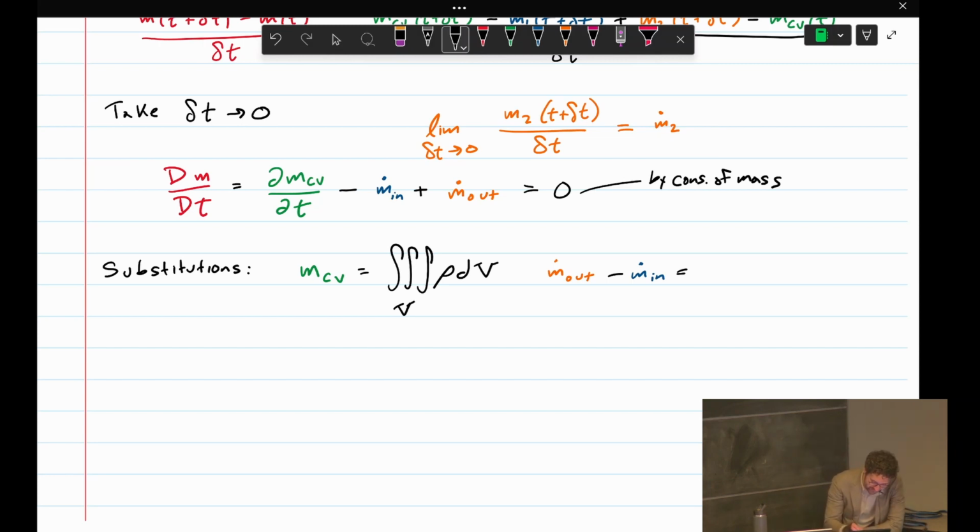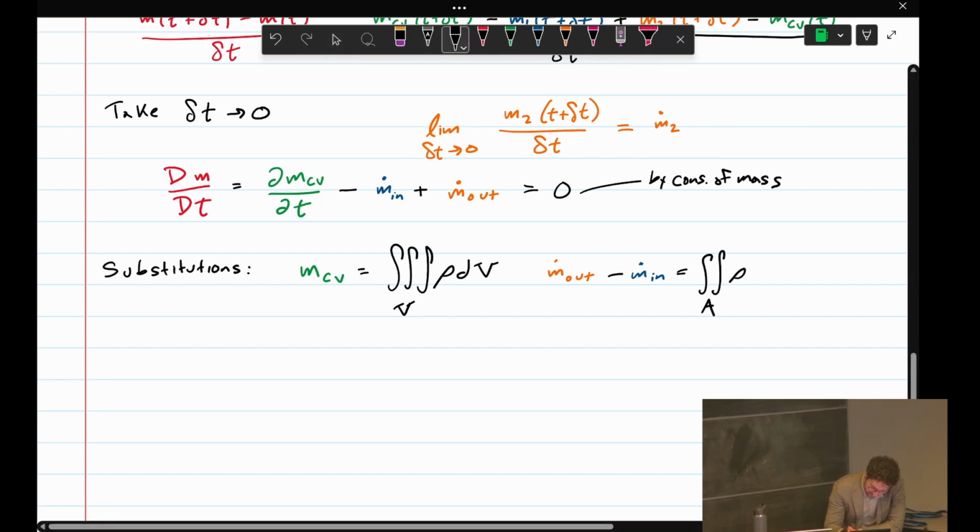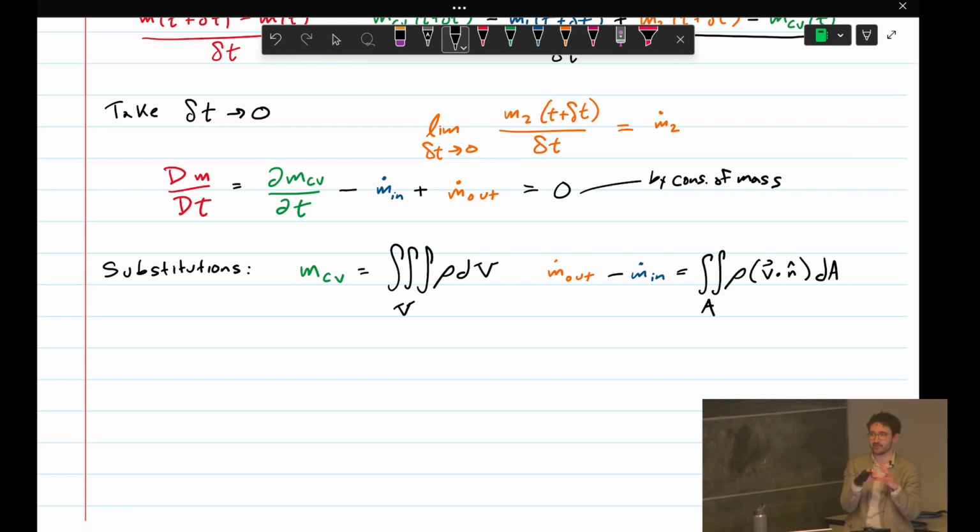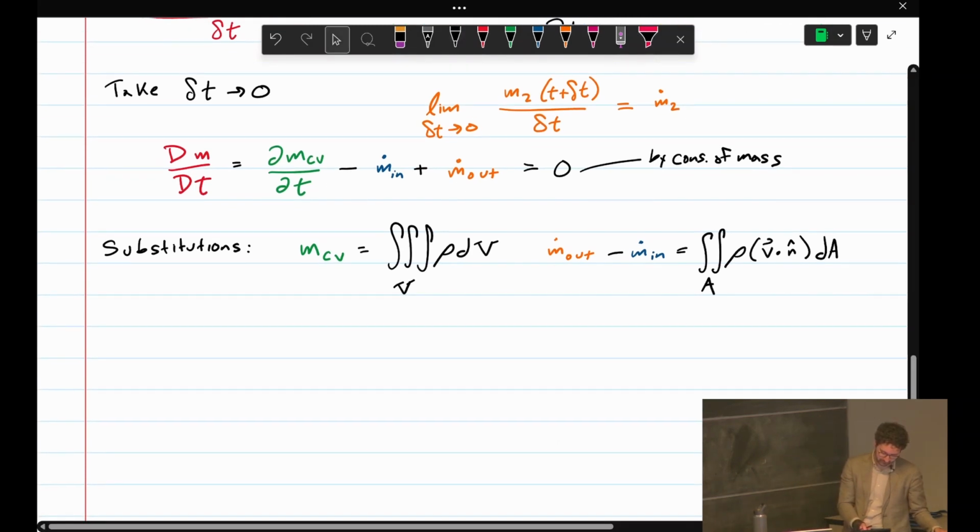We know how to calculate that now. It's that area integral, the net mass flux. So that's rho v dot n dA. So we're trying to generalize this now to not just our very simple control volume in a converging section.